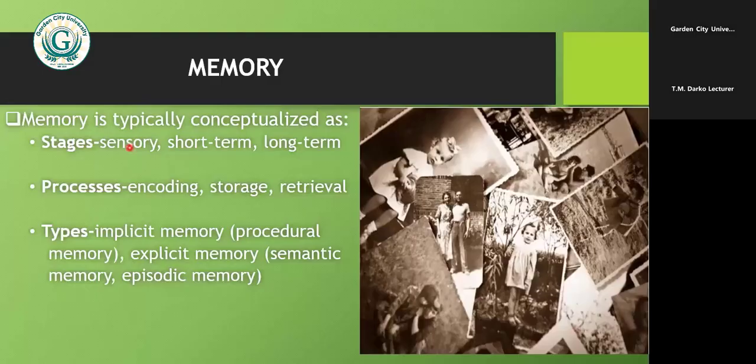You will store this so that in the near future, if you meet a similar smell, you will be able to recollect that this is one of the terrible discharges I have ever seen. I had one when I was working at so-and-so hospital. So your nose is helping you to store some information in the brain, and that information is the memory. Are you okay?